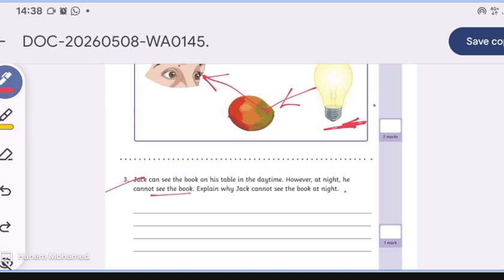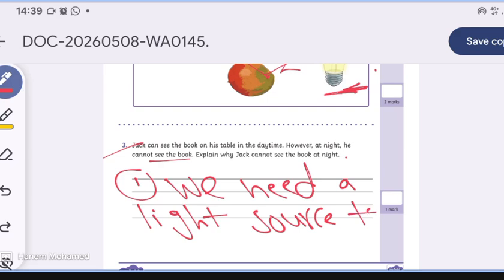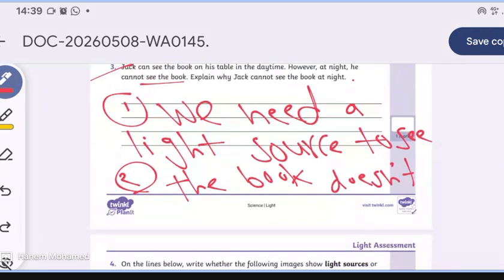So number one, we need a light source to see. Number two, the book doesn't reflect any light on our eyes.